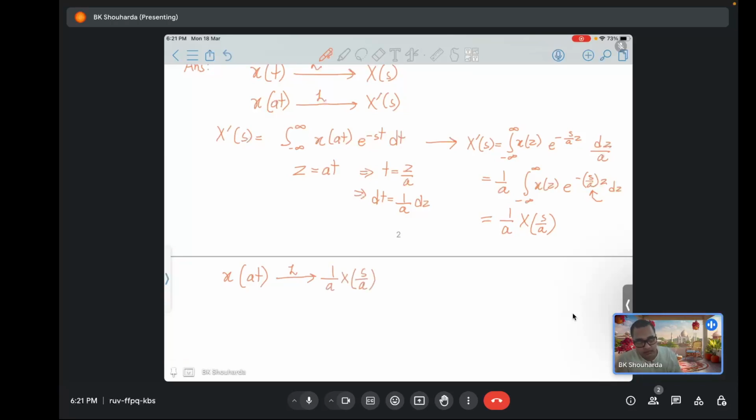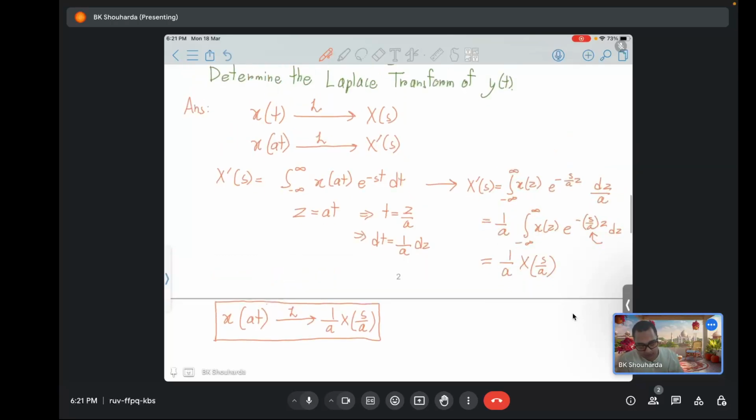If you remember, these properties are exactly similar, or almost similar, to the ones that you have studied in the Fourier transform. Actually, the Laplace transform is a more generalized version of the Fourier transform. Of course, some of the properties may be different, but in general, a lot of them will resemble each other.